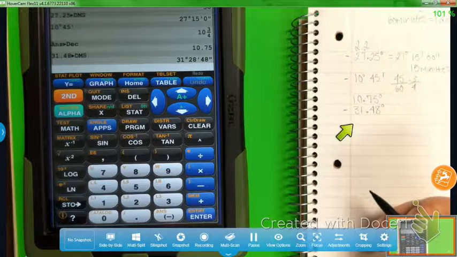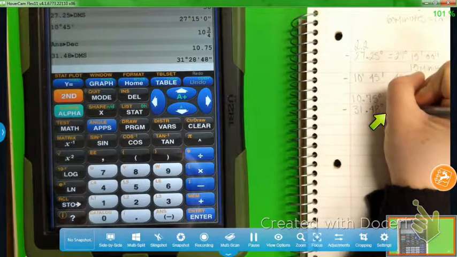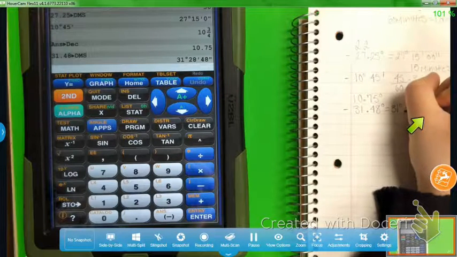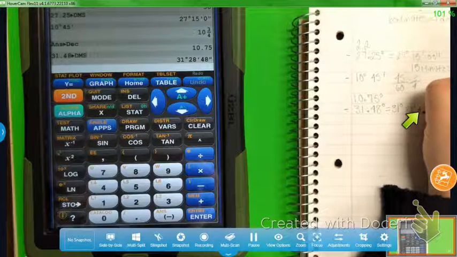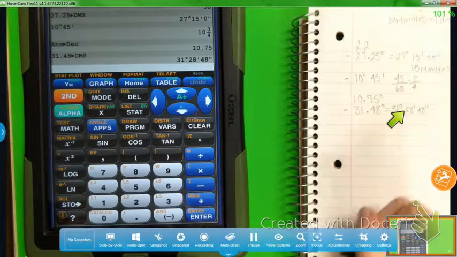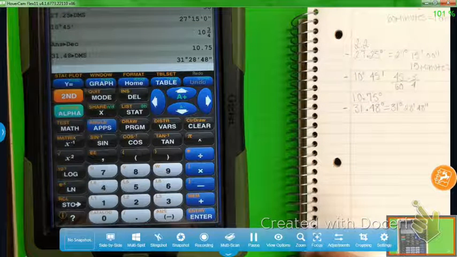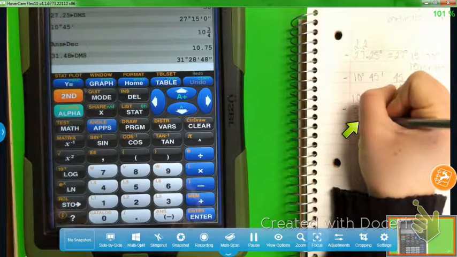So over here in your notes, just put equals 31 degrees, 28 minutes, and 48 seconds. Okay? And so down below here, to remember what you typed in the calculator, you might put 31.48 right there.